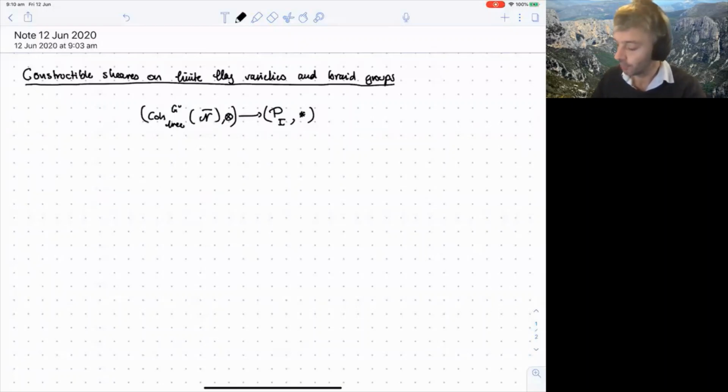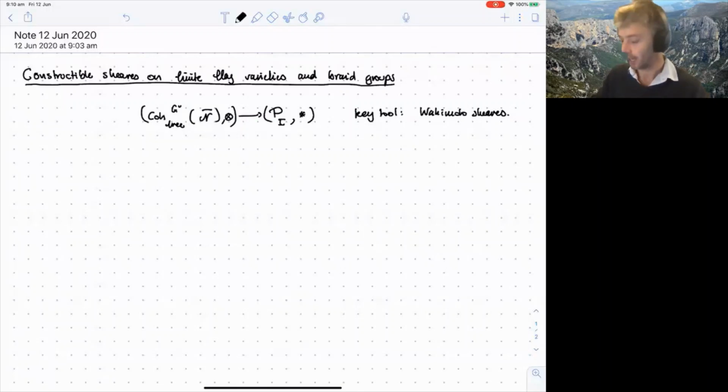And somehow a key tool is the so-called Wakimoto sheaves. And there's a lot of not too difficult and beautiful maths around understanding Wakimoto sheaves, and a lot of this has an analog in the finite flag variety case. So I want to do the finite flag variety case first because it's a little bit easier, and a lot of the proofs in the affine case are analogous.